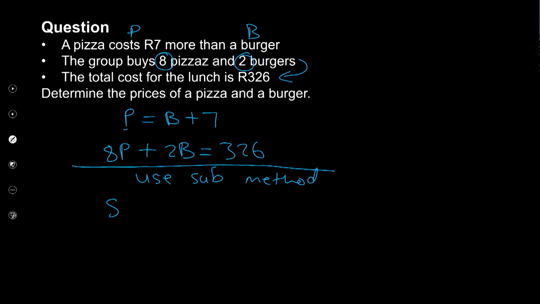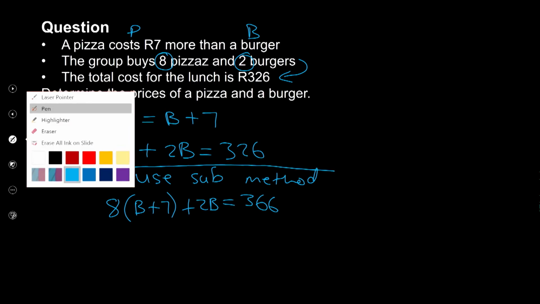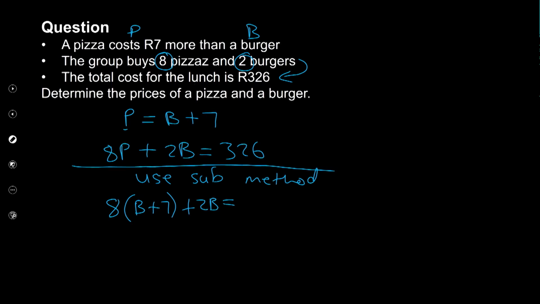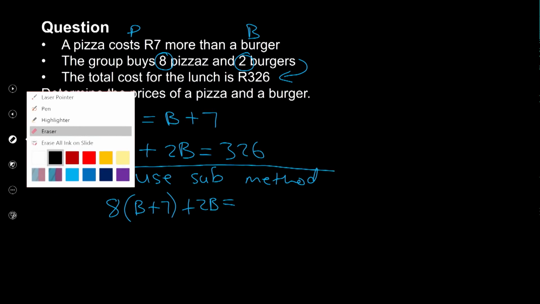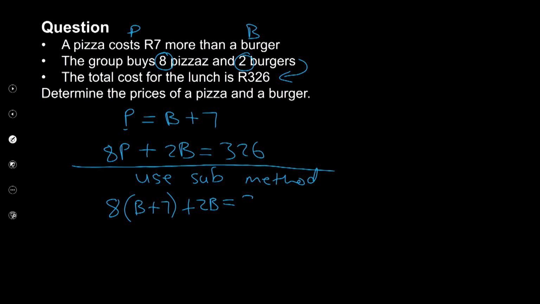So this will be 8 into B plus 7, plus 2B, and this will be equal to 326, right? 326, not 66. Now you can see that I only have the burger as part of my equation, so I want to solve for B. At a later stage, I will substitute it in order to get what P is.